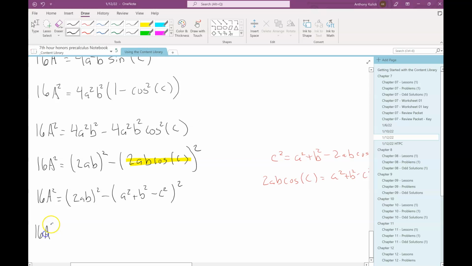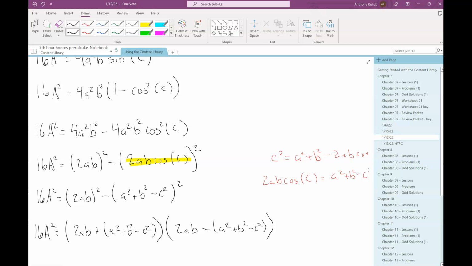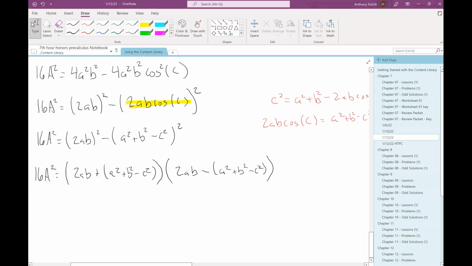So now I'm going to factor. So that's going to be 2ab plus a squared plus b squared minus c squared times 2ab minus a squared plus b squared minus c squared. Everybody okay with that? I just factored it like a difference of 2 squares.